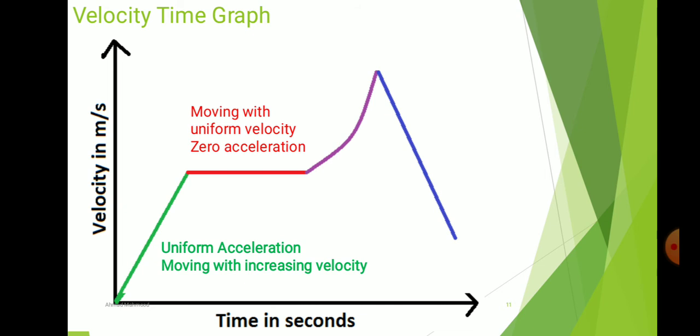The third line, the purple one, is very interesting. In this purple line, the velocity of the body is increasing, but it is increasing at an increasing rate. What does that mean? For example, in the first 2 seconds, its velocity changed from 0 to 10 meters per second, and in the next 2 seconds, its velocity changed from 10 meters per second to 40 meters per second.